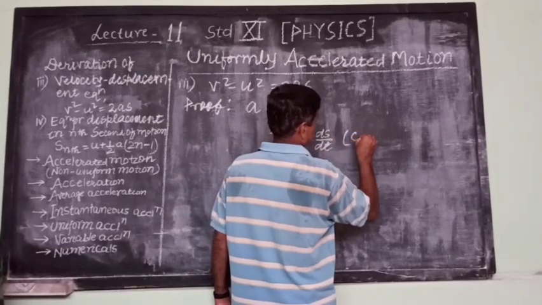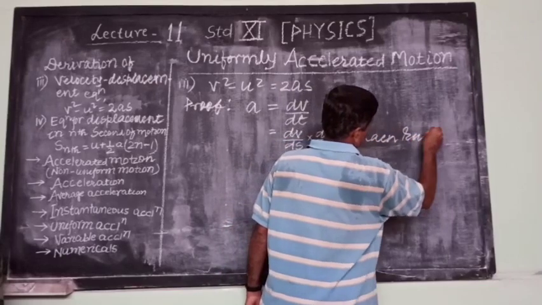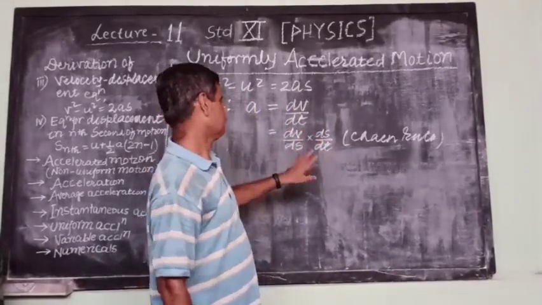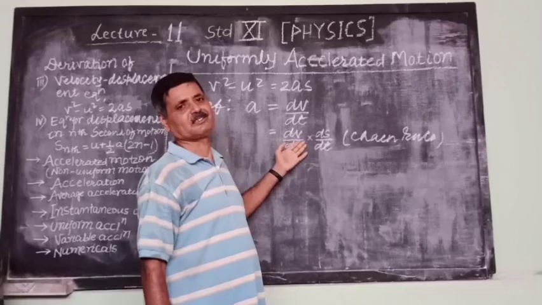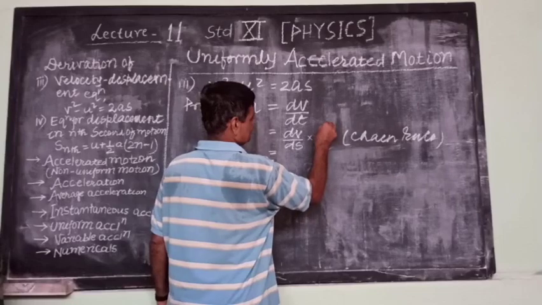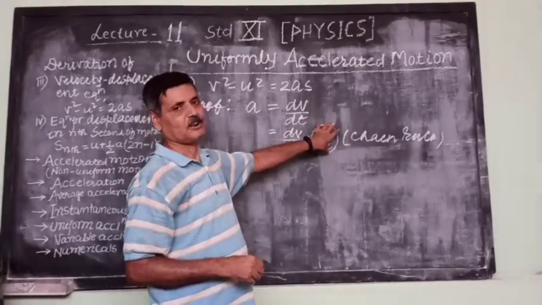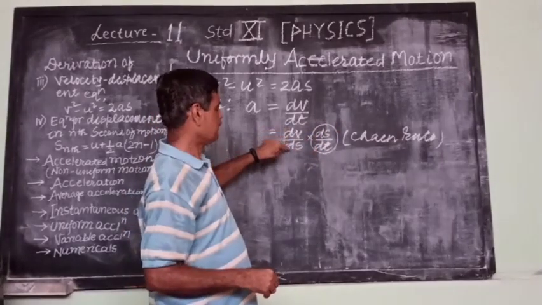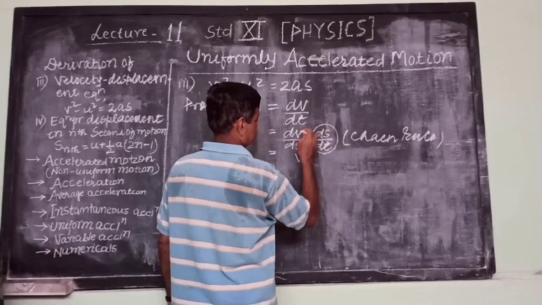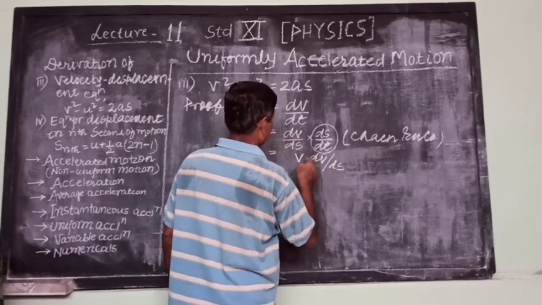Actually, in calculus you have studied regarding the chain rule. This can be written as this. This ds will cancel, you will get dv by dt, but ds by dt, is it velocity? This is your velocity into dv by ds. So we can write it as v into dv by ds, and this is equal to a.